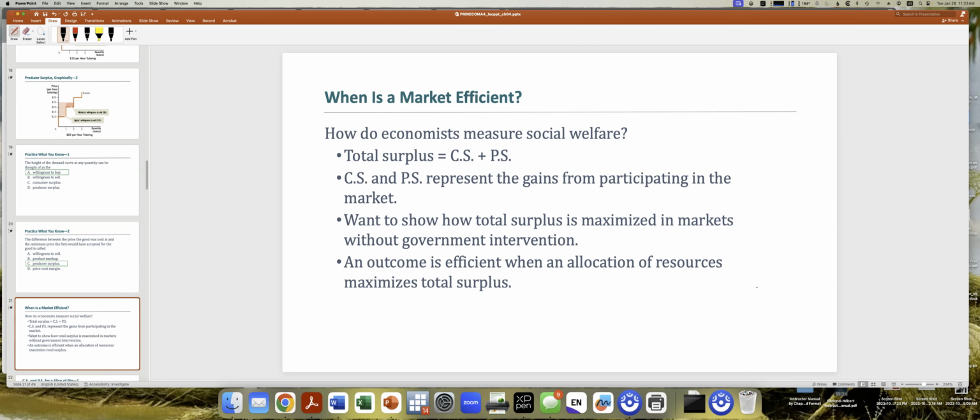Okay, so what we grabbed from all that is that the market is at its most efficient when it's able to charge the market equilibrium price. The total surplus is maximized, which is just our standard picture here, which looks like this.